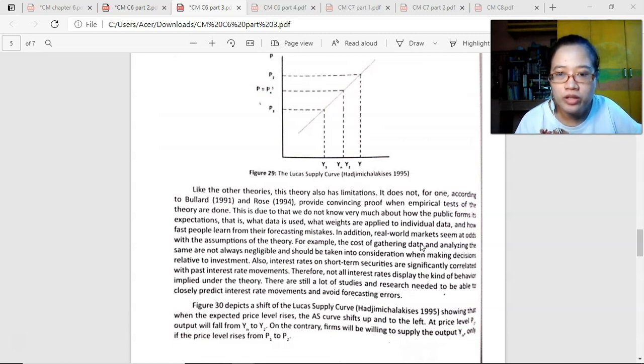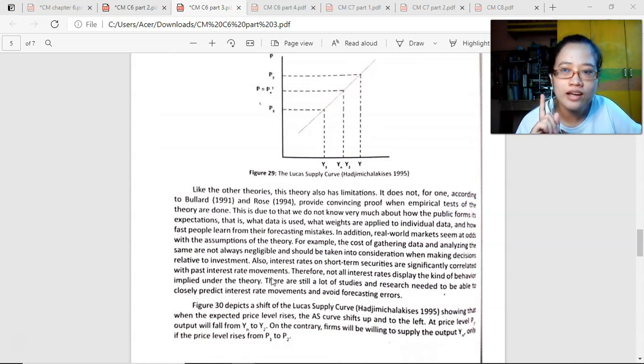In addition, real-world markets seem at odds with the assumptions of the theory. For example, the cost of gathering data and analyzing the same are not always negligible. It could be very costly and should be taken into consideration when making decisions relative to investment. Also, interest rates on short-term securities are significantly correlated with past interest rate movements.